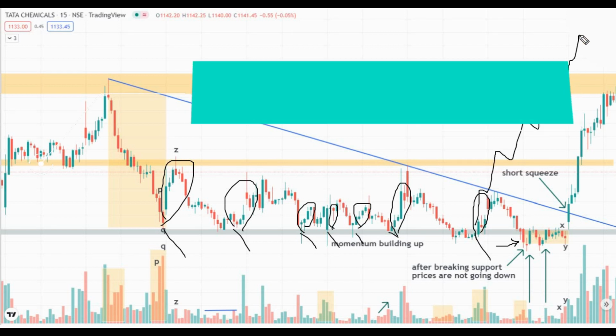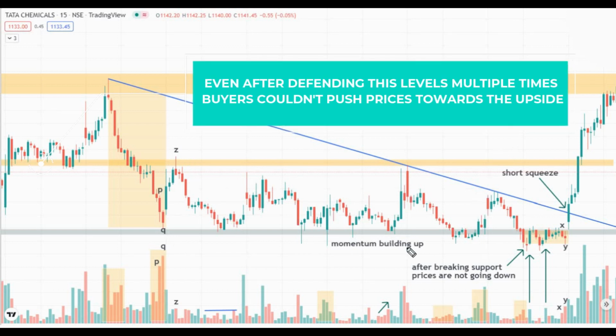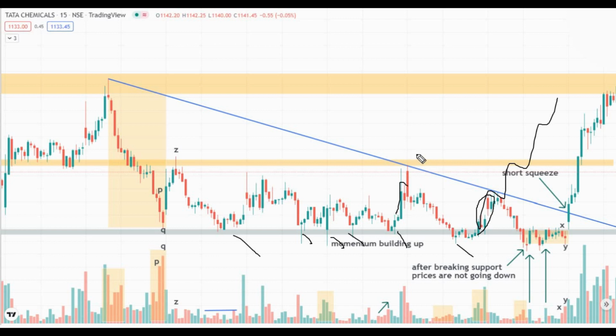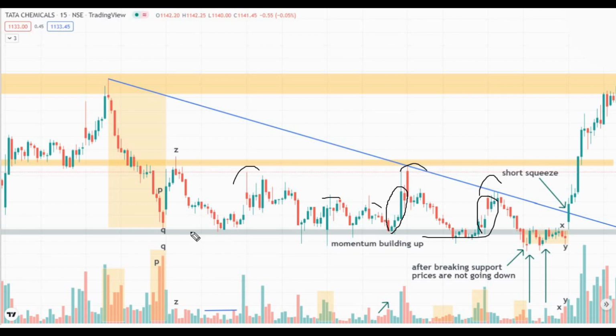If buyers were very strong, they should have continued the prices towards the upside. But every time buyers push the prices upward from this support level, prices make a lower high formation. So this is an indication that buyers are getting exhausted and sellers are gaining momentum.